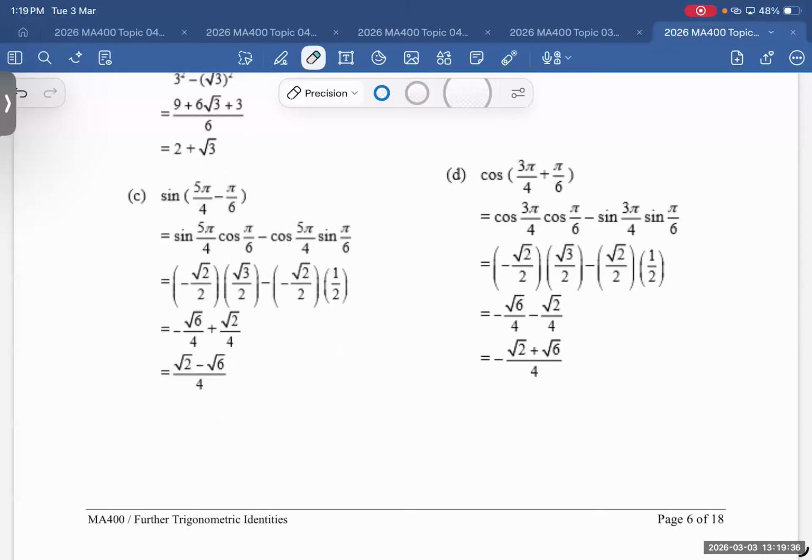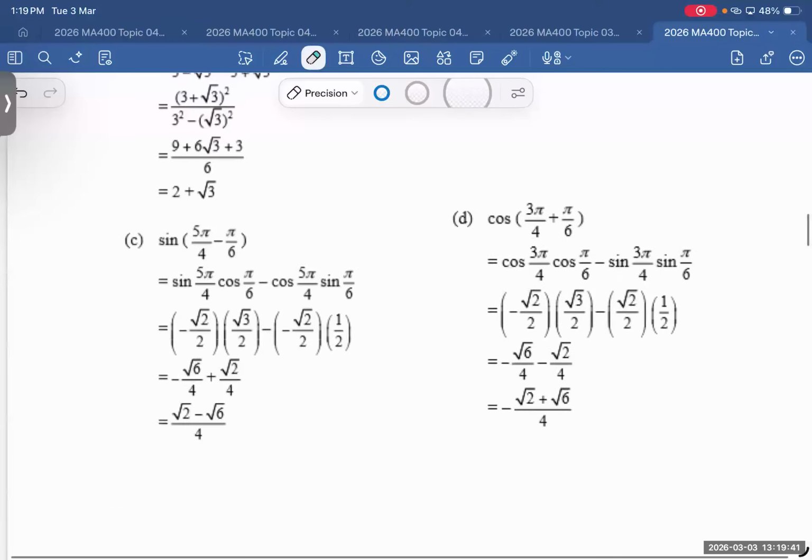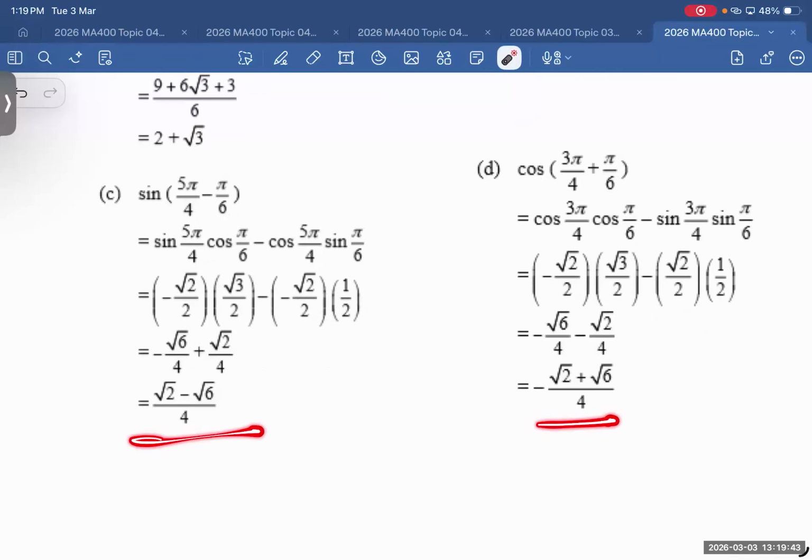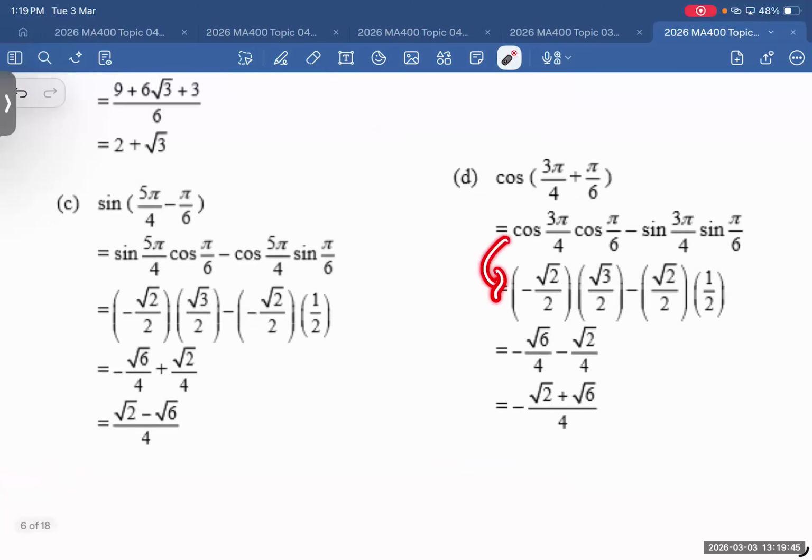So you observe very carefully. If you take a look, 3 pi over 4, is it this? Pi over 6, do you get this? We go very granular, from the second step.